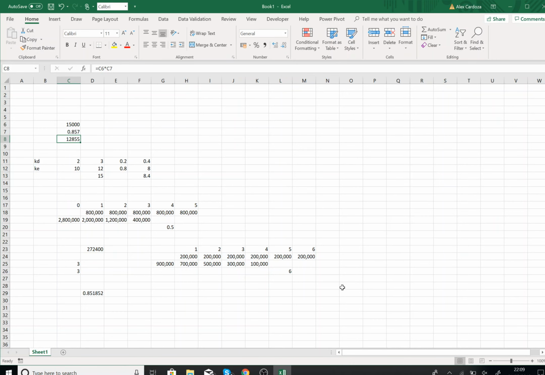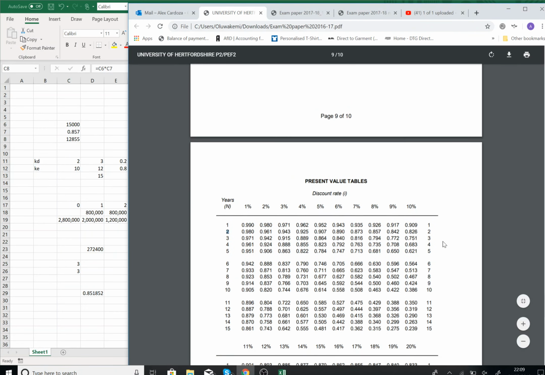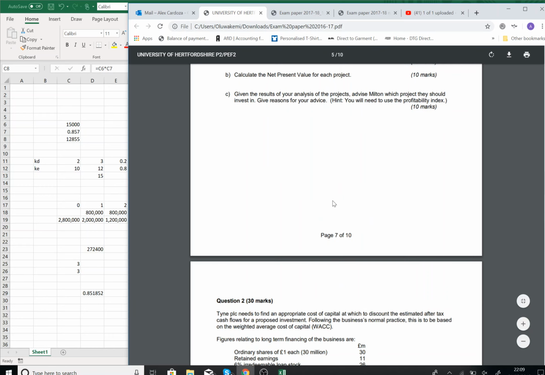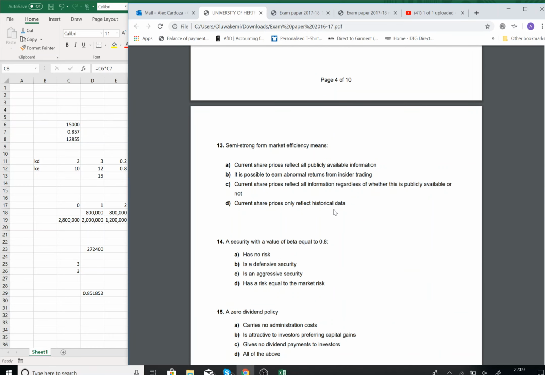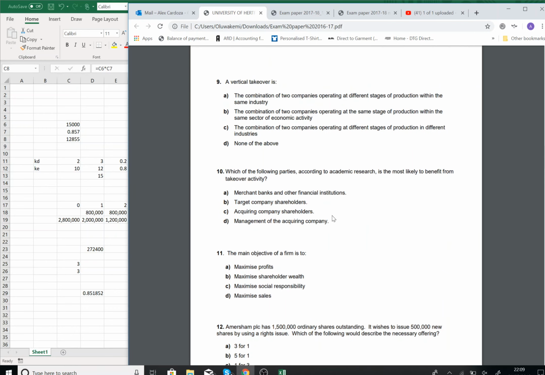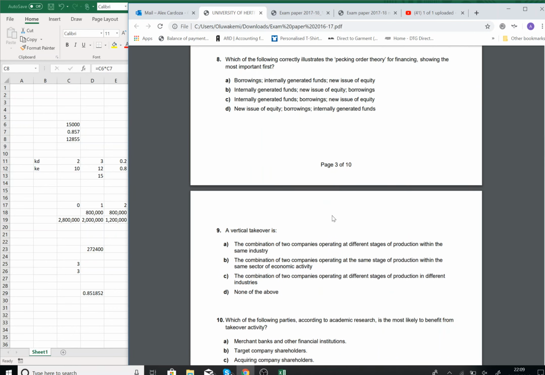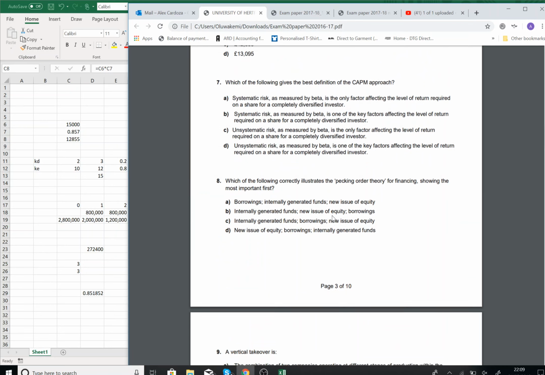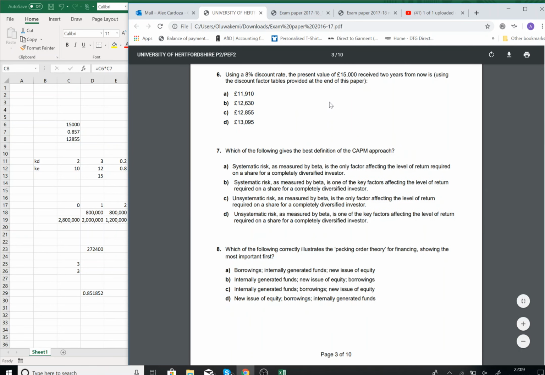So it should be 12,855. Okay. There you go, C. Which of the following gives the best definition of CAPM?